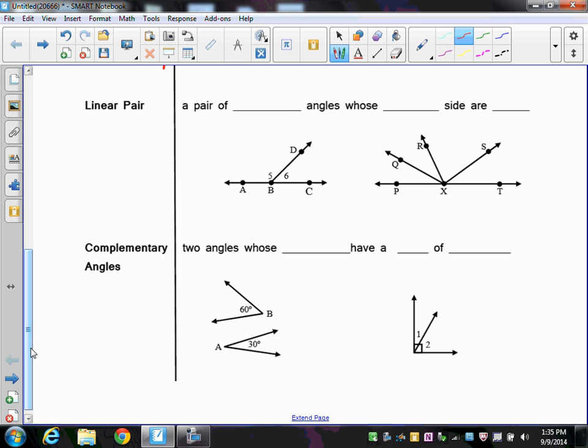Linear pairs are a pair of adjacent angles whose non-common sides are opposite rays. The easier way for me to tell you how to remember linear pairs, it has the word line in it first off.